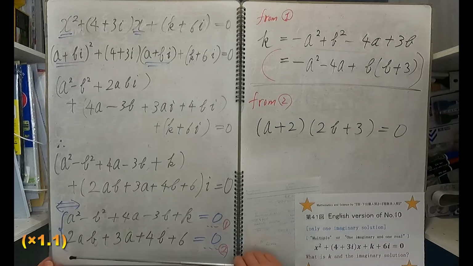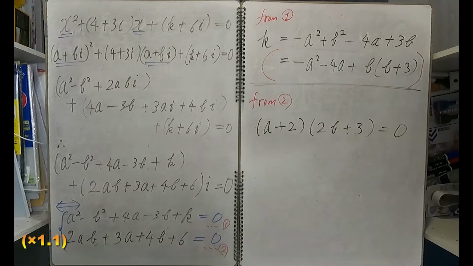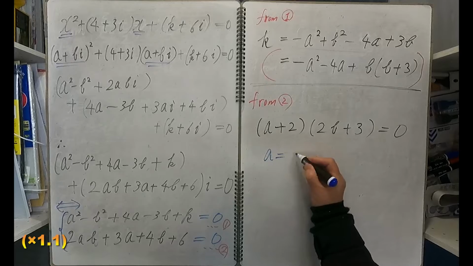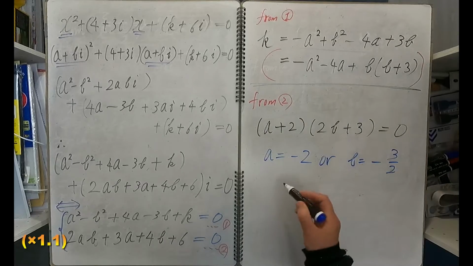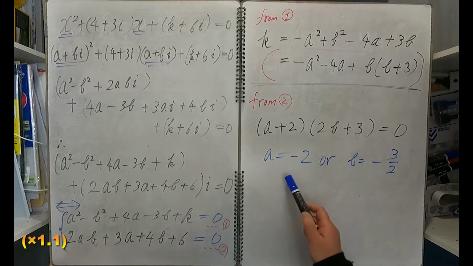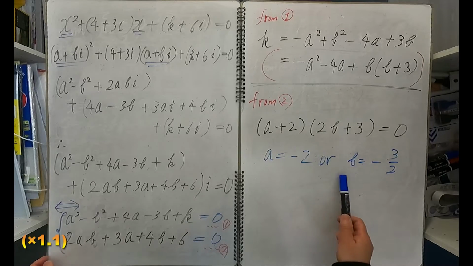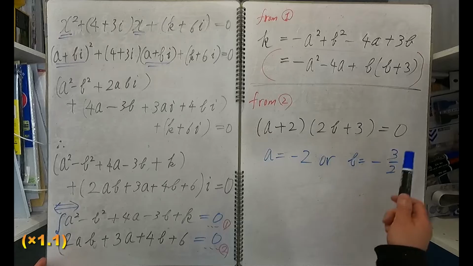And from the second formula, we got this. From this, we can get a equals minus 2 or b equals minus 3 over 2.